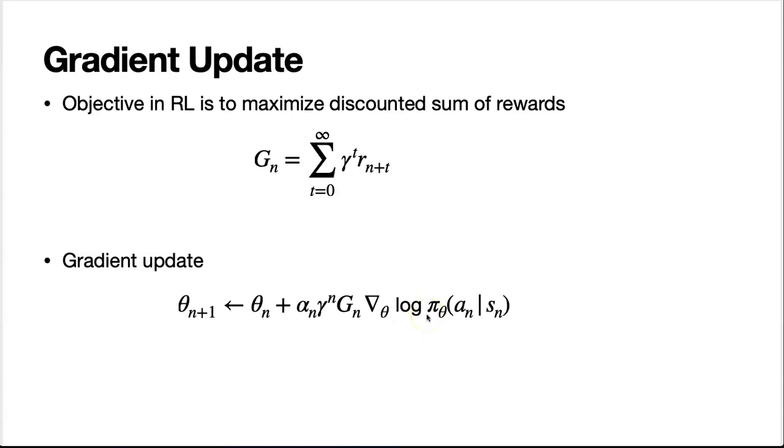During the optimization step, we consider the log likelihood of the policy and take a gradient of that log likelihood, multiply that using the Monte Carlo estimator Gn, and take a step in that direction using the step size parameter alpha n. In the upcoming slides, we are going to be seeing a derivation for this update rule.